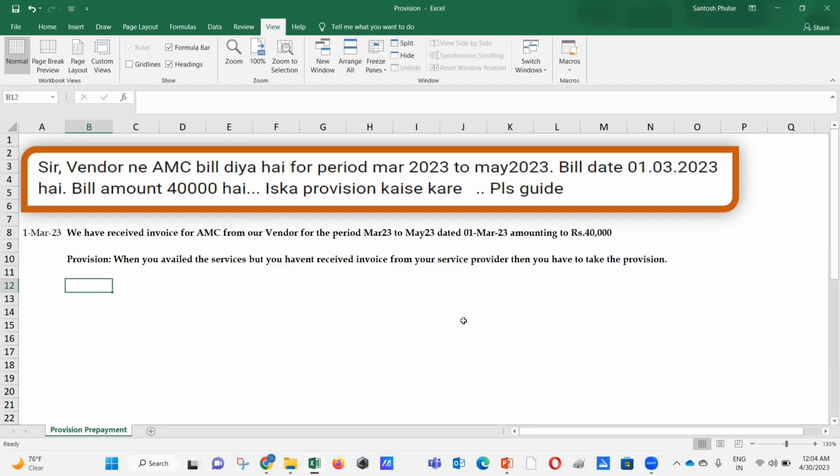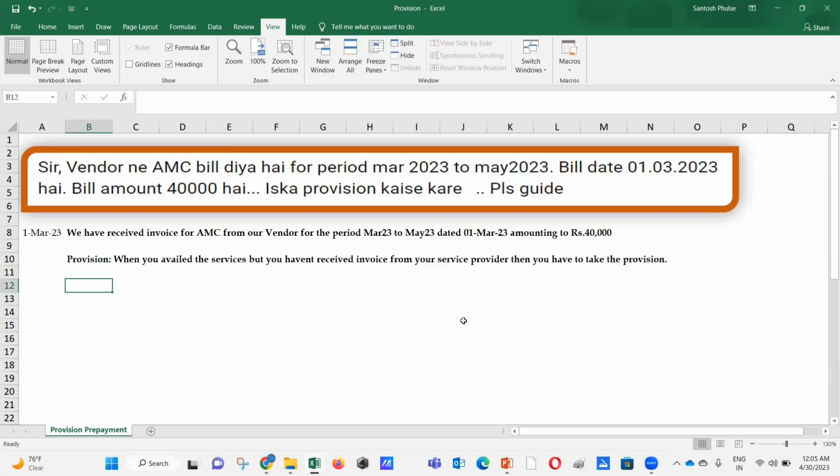So here in your query, how to take the provision of this. First, the provision is not going to come in this case study because against your AMC, you have received the invoice from your vendor.